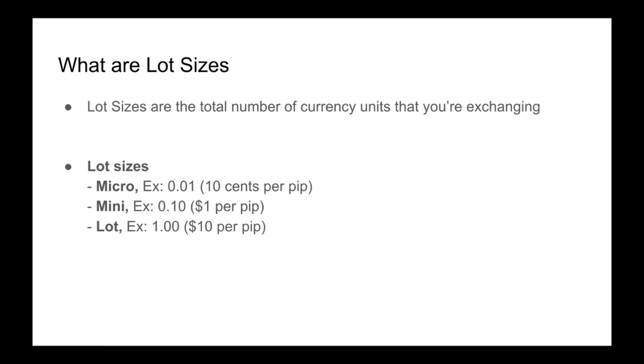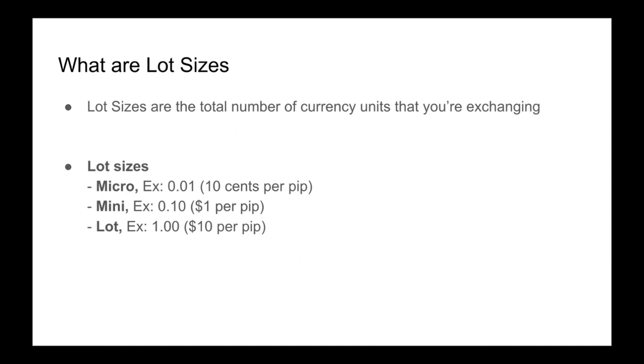But if you get to a $200, $300 account, you can definitely use $1 per pip. It's not going to affect you that much. And pretty much anything from 200 to about 500, 900, almost 1,000, you can use a mini.